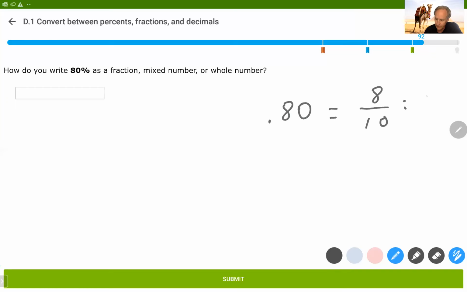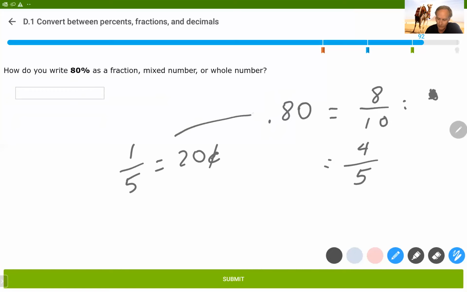But that can be reduced to 4/5. The way I do this directly is I think that the biggest money I can use to make 80 cents are 20-cent pieces, and those are fifths, because I think of fifths as equivalent to 20 cents. It just makes my life easier, and I just realized that it takes 4 of them to make 80 cents.